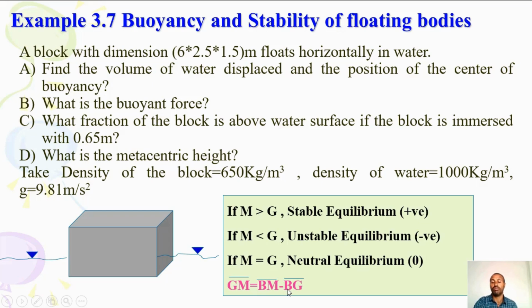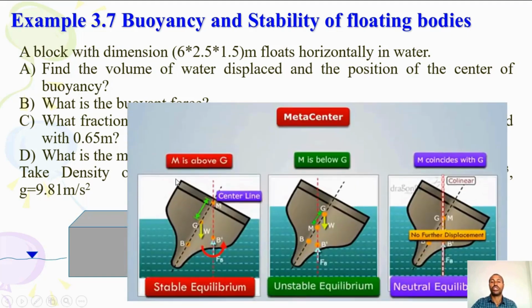Let me show you an illustrative sketch on metacentric position and the righting moment. If M is above G for a floating object, it is a stable equilibrium, and we will calculate GM.